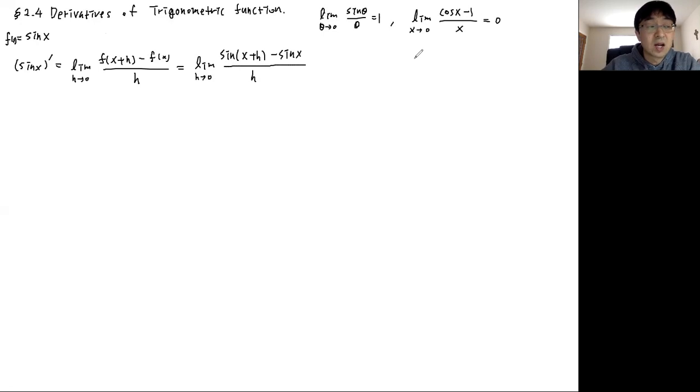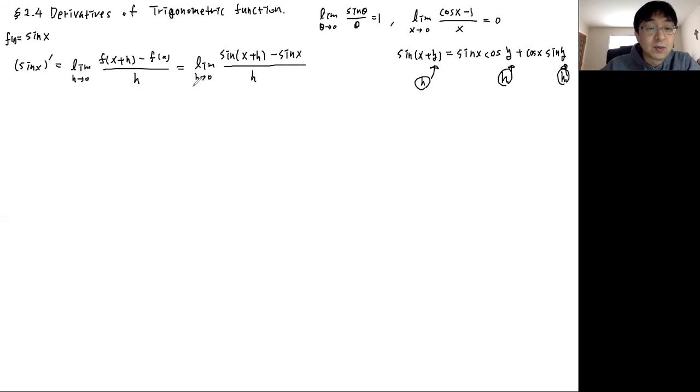We learned this on Monday's class. What is sine of x plus y? We have sine of x times cosine of y plus cosine of x times sine of y. We can use this formula. You can plug h into y.